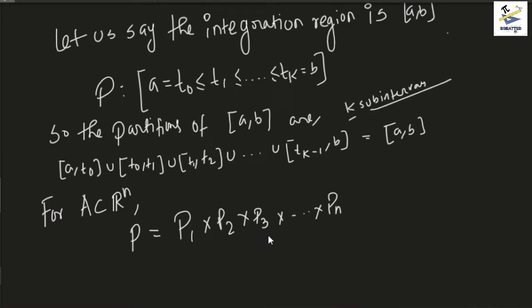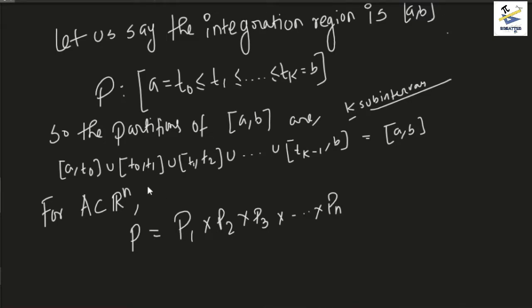And this A is a closed rectangle, as I have already told. So A is basically a closed rectangle, so all of these Pi's can be partitioned, right? Now what we can do here is divide each of them into ni subintervals.